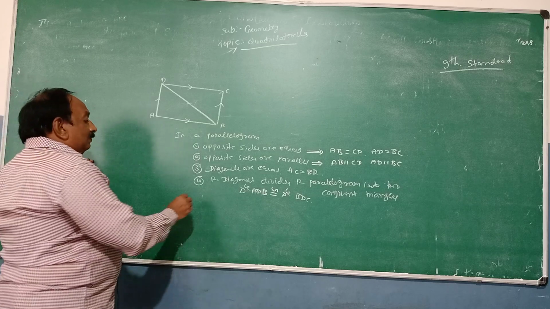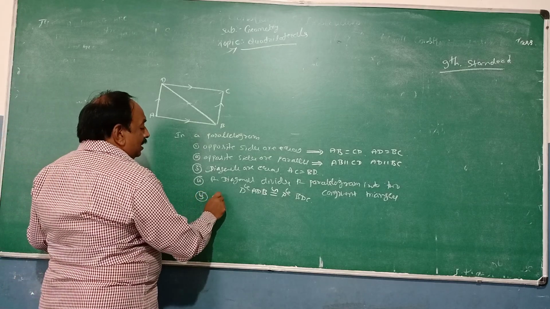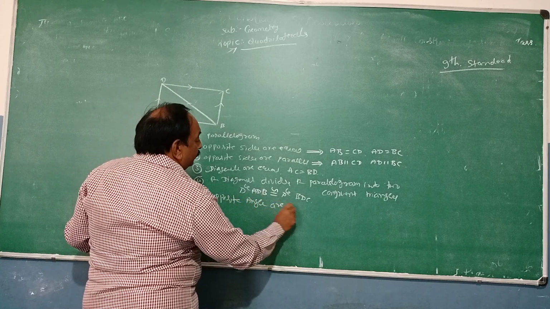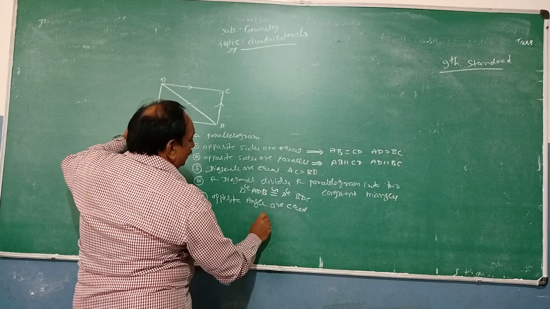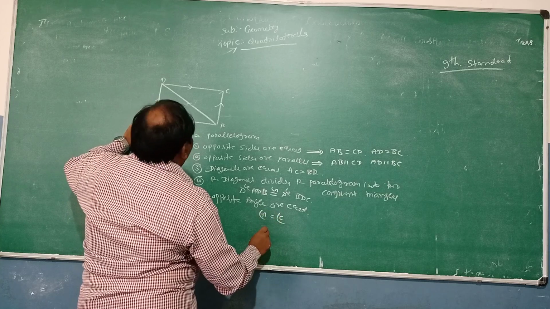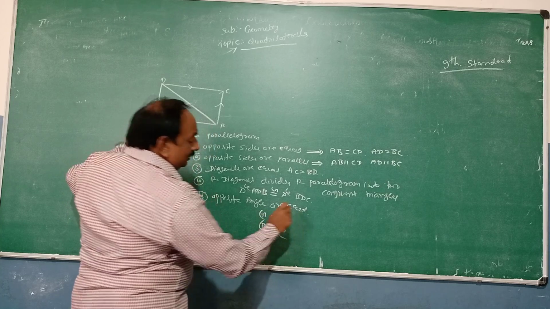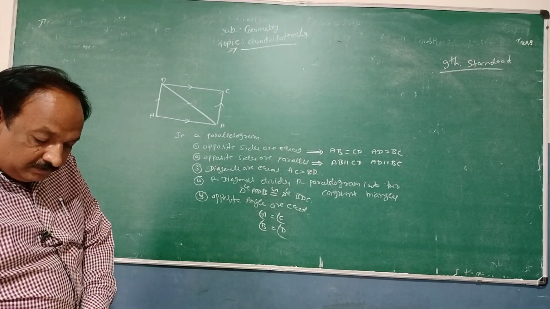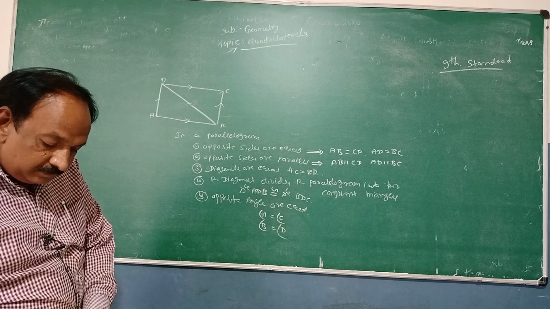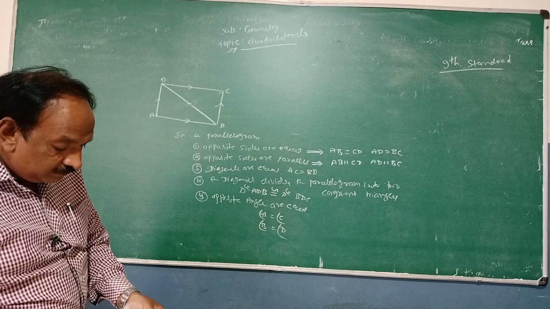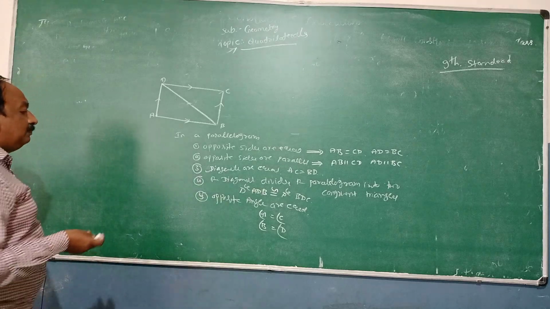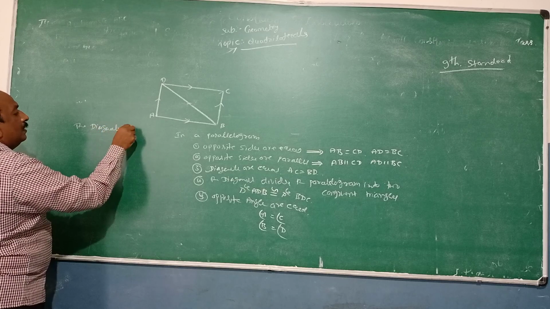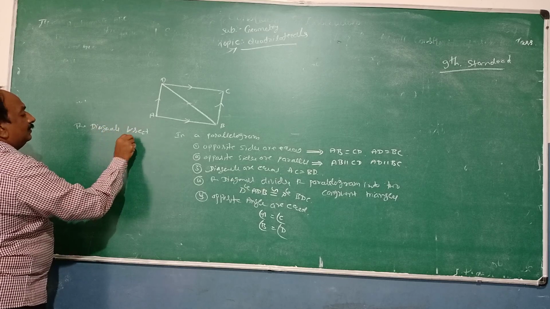Fifth property, opposite angles are equal. Angle A is equal to angle C. Angle B is equal to angle D. The diagonals bisect each other.